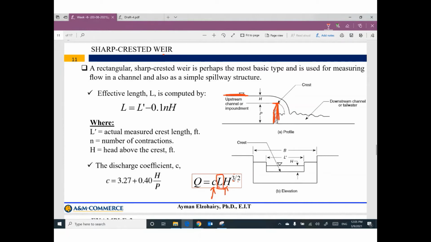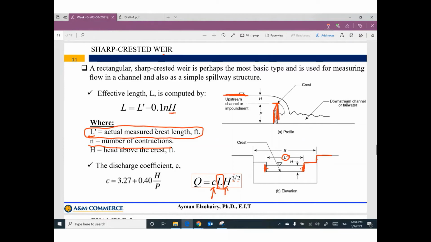L is not the width. L equals L bar minus 0.1 N times H. L bar is the actual length, which here means width, between this side and this side. You subtract 0.1 N, where N is the number of contractions. In this case, we have one contraction, another contraction, so it's 2.